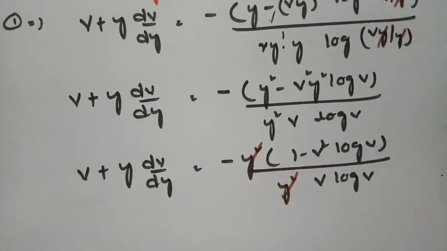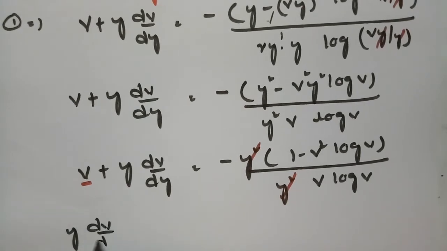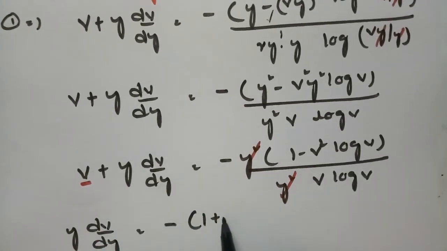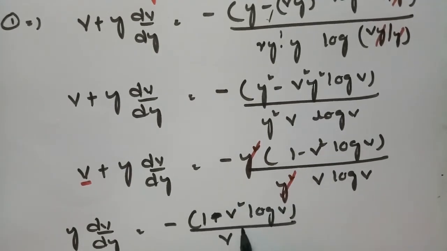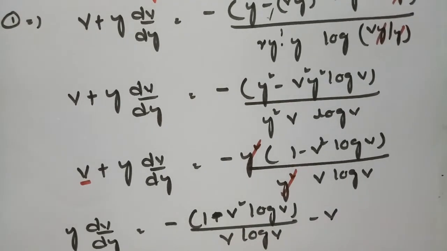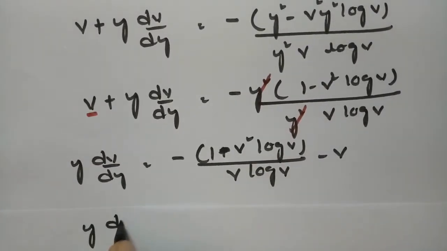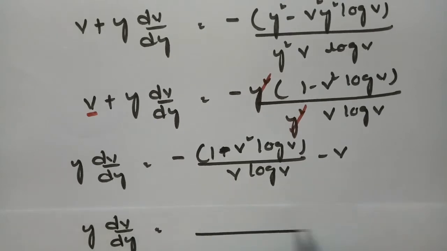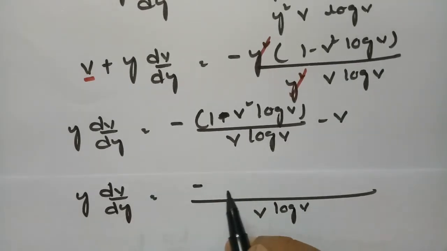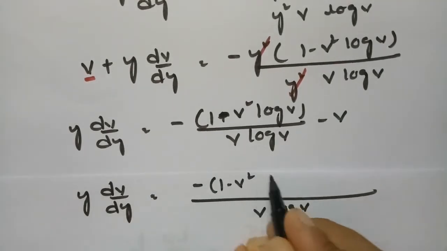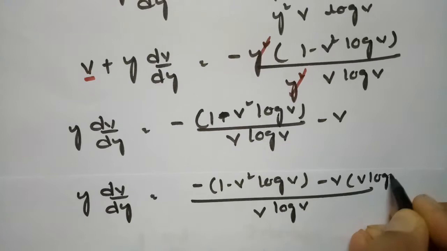If I cancel this v square and send this plus v to the other side, see what happens here: y into dv by dy is equal to minus of (1 minus v square) log v by v log v, minus v. So y into dv by dy is equal to, if I take v log v as LCM, this will be minus (1 minus v square) log v minus v into v log v.